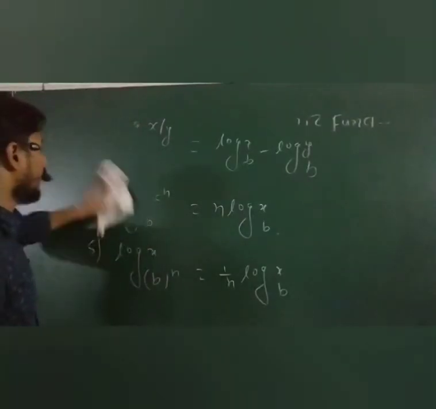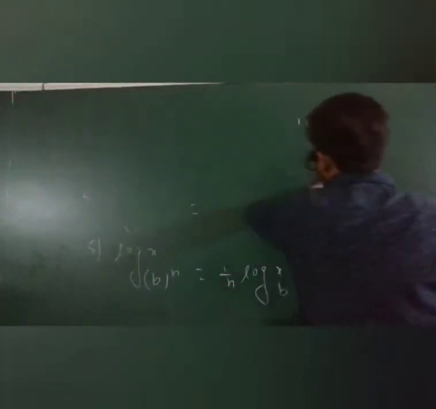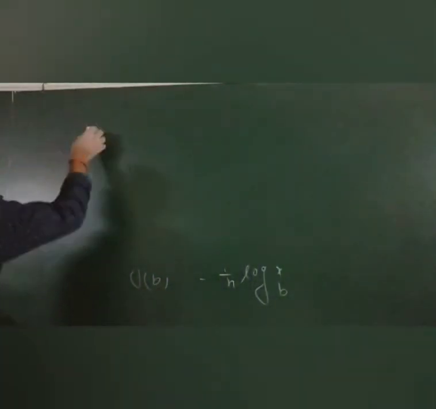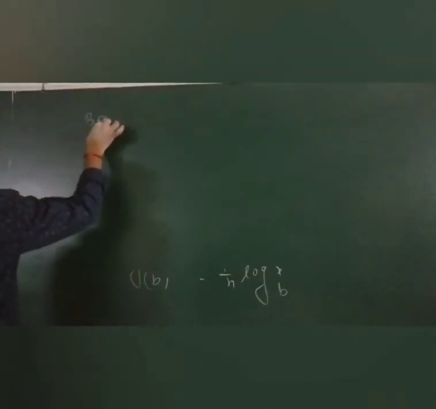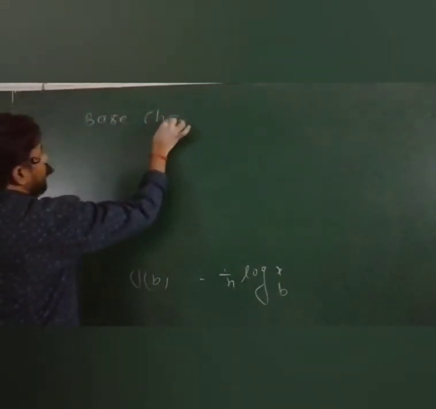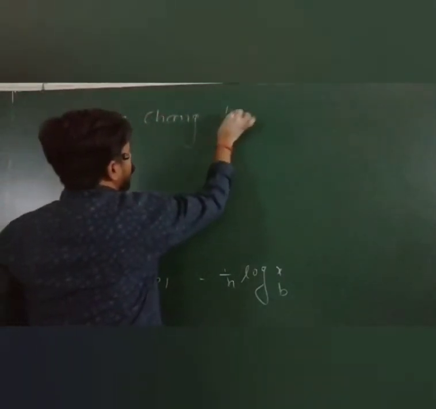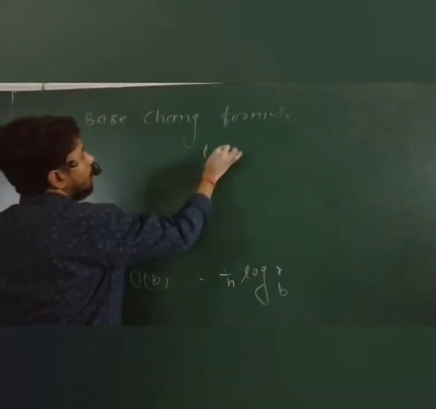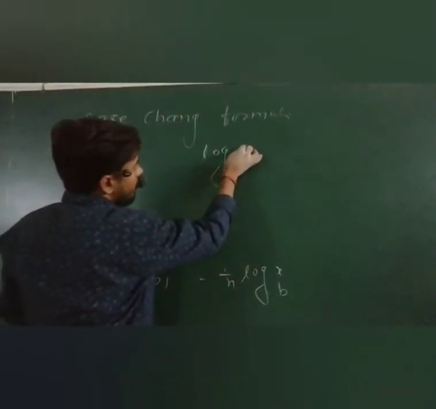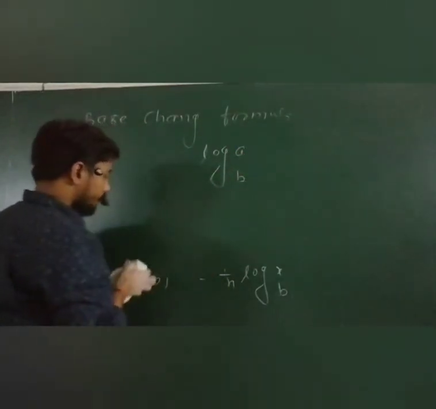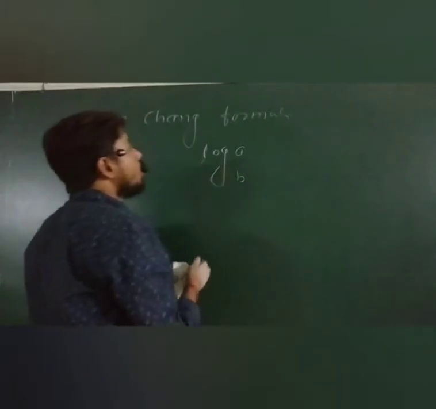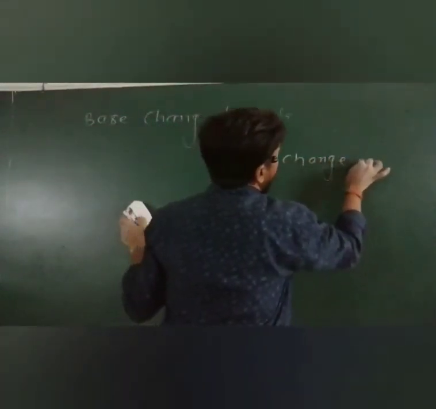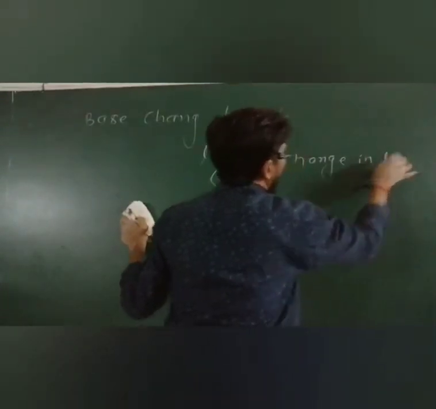Right? Okay. The next one you can see here, base change formula. And this is really very good. Suppose that you have log with argument A and base B. I want to change it into a log having base c.